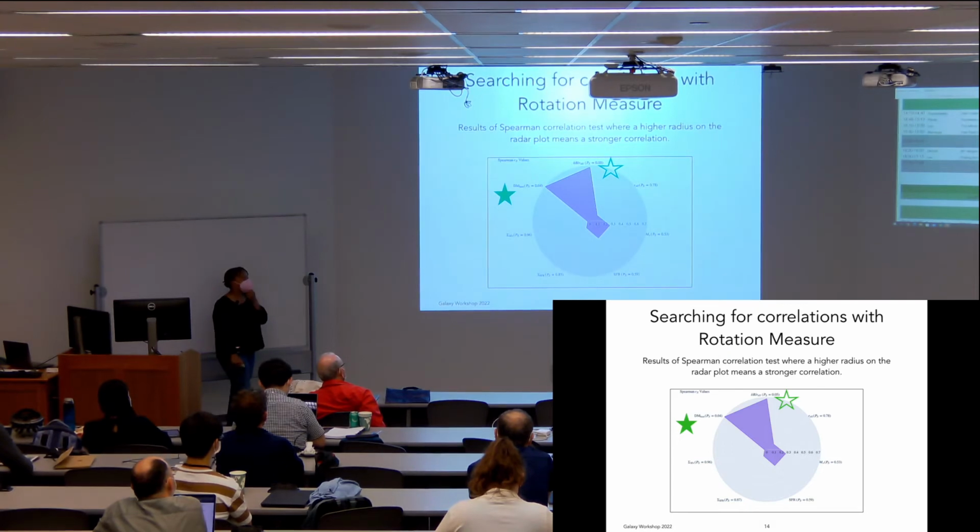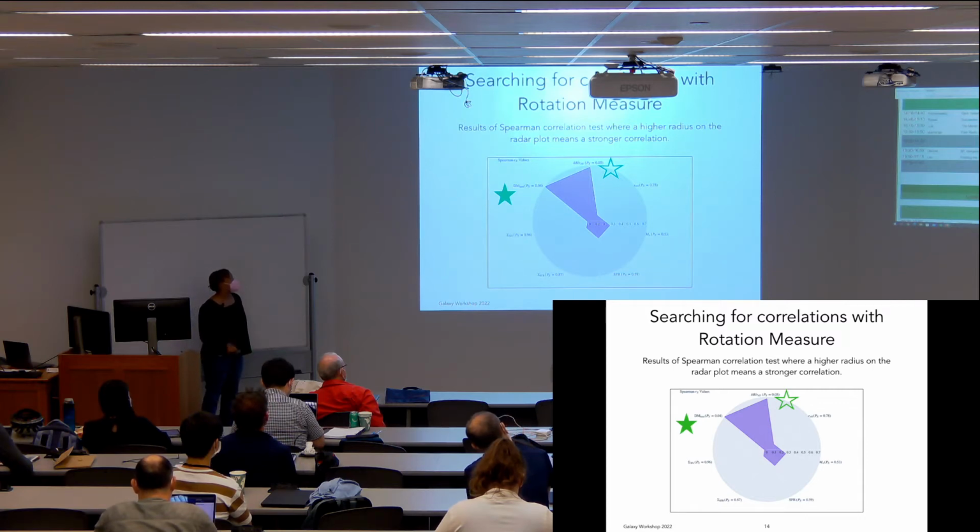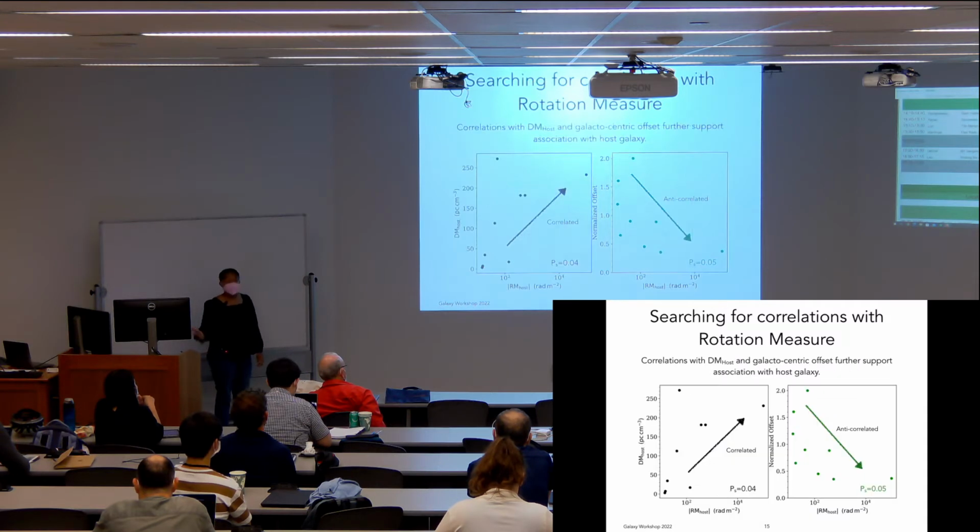So as we search for correlations between other host galaxy characteristics or local environment characteristics and rotation measure, we find that there are very strong correlations between rotation measure and DM host, and rotation measure and the host normalized offset. The stars just tell you that there is a correlation, and this empty star says there's an anti-correlation between the two.